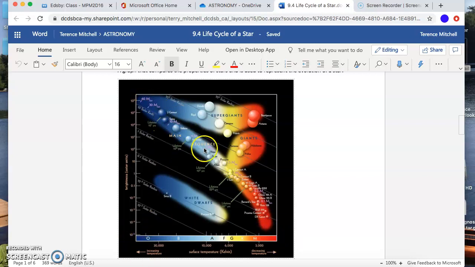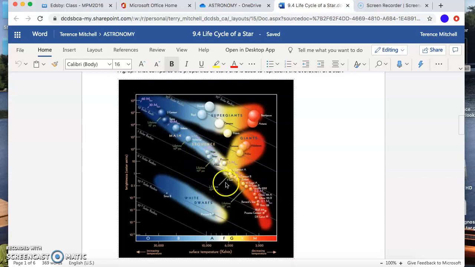Going back to our diagram, we can see that big stars tend to be blue, and they tend to be hotter. At the other end of the spectrum, we have smaller stars. They tend to be red in color, and they tend to be cooler. By cooler, we're still talking millions and millions of degrees, but relative to the big stars, they are cooler.